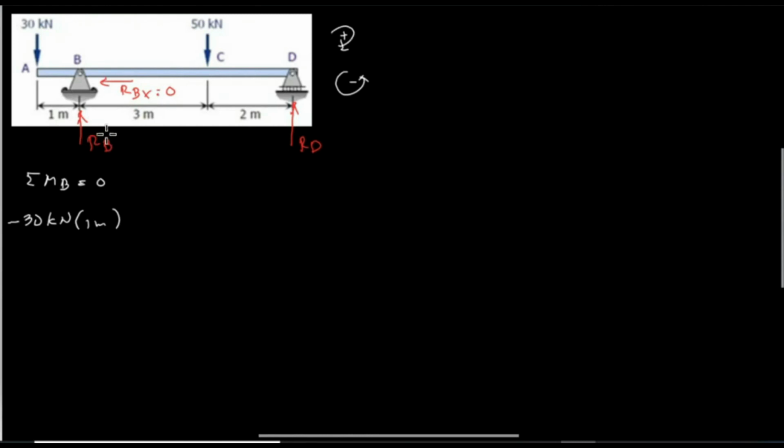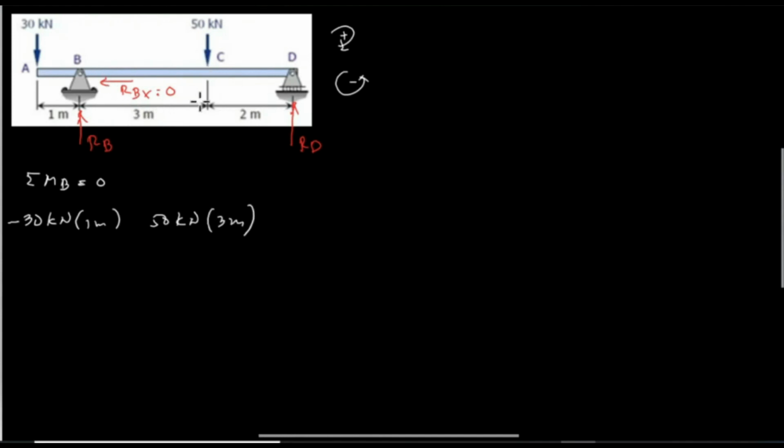Next, at point B, we have RB. As I've said, we don't have a value of distance, which is equal to 0, so RB is eliminated. And next, we go to point C, which is a load of 50 kilonewton. And 50 kilonewton, we multiply with the distance from C to B, which is 3 meters.